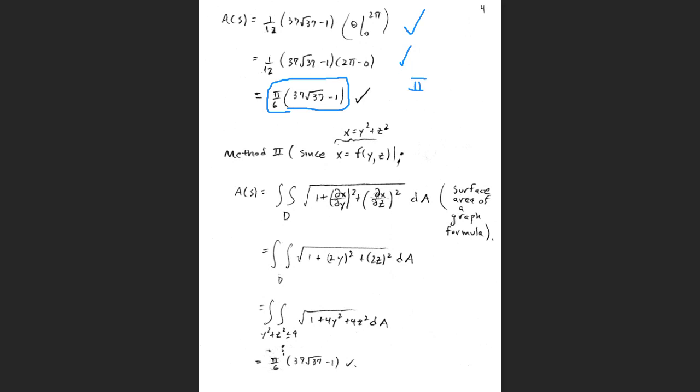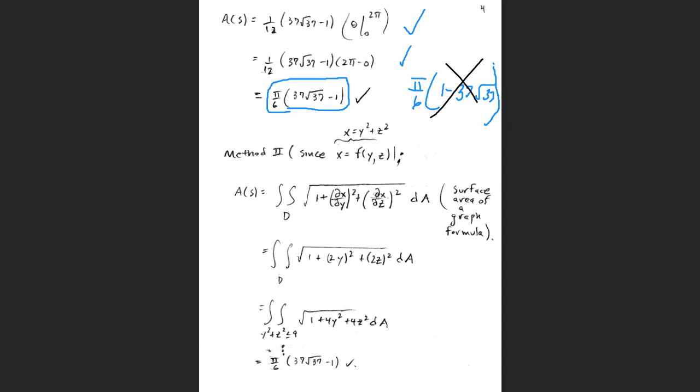Now, incidentally, if you got pi over 6 times 1 minus 37 root 37, how do you know that's wrong? Why would that answer be wrong for surface area? That's right, Norina. It's negative. Surface area is always positive. Very good.